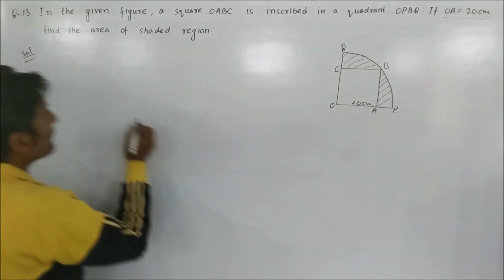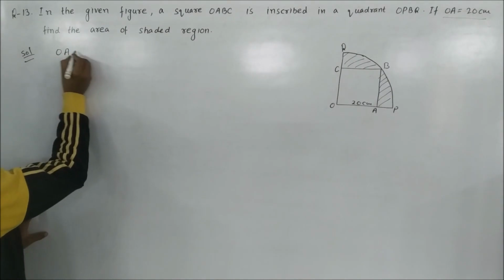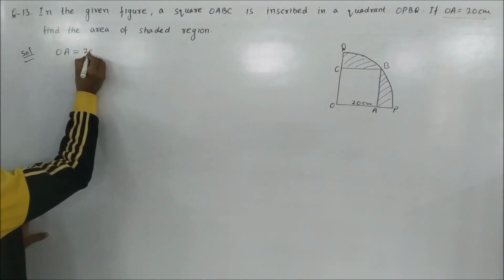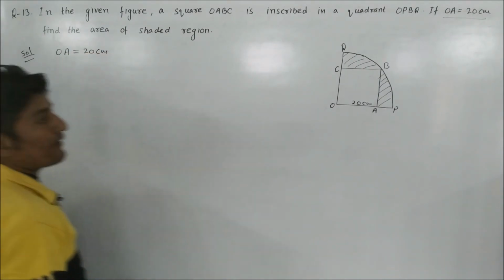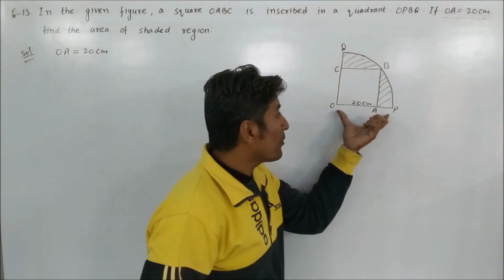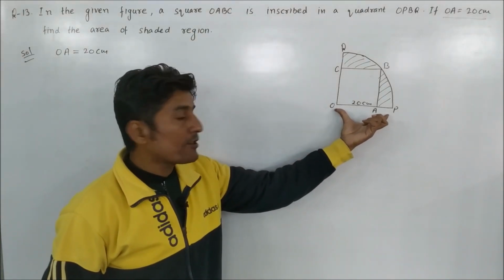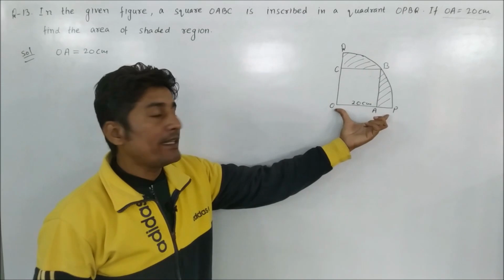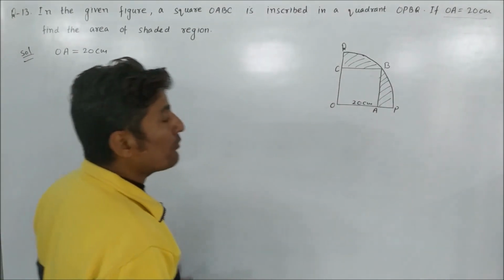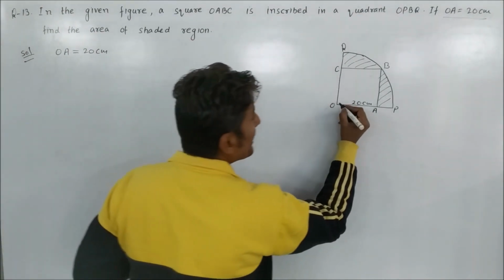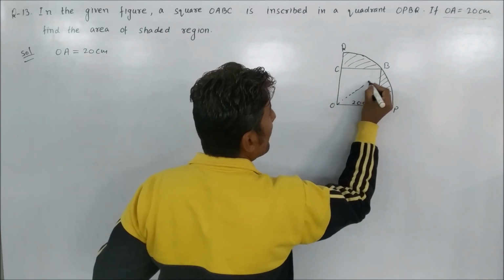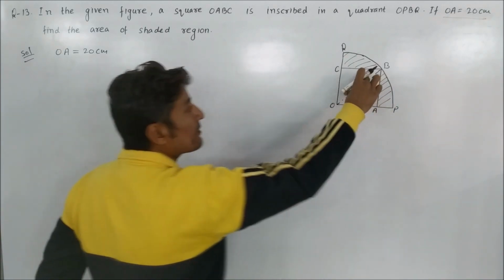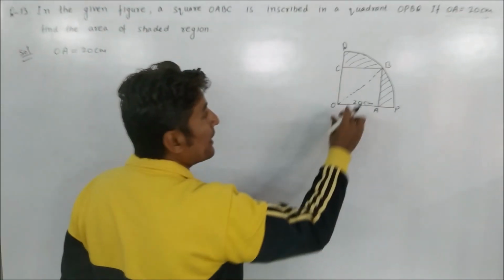Measurement of OA is given 20 centimeters. So here we can write OA is equal to 20 centimeter. After that we have to find the radius of this quadrant, that is equal to OP. OP is the radius of the quadrant. Now let us see how to find the radius of the quadrant. We can join O to B. This OB is also the radius of the quadrant.